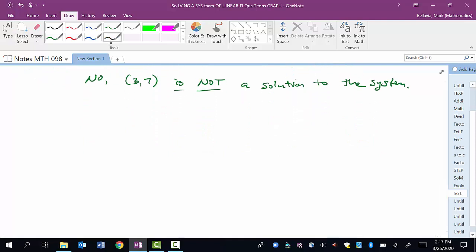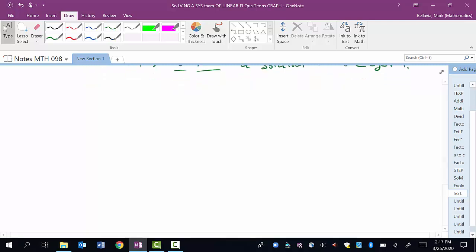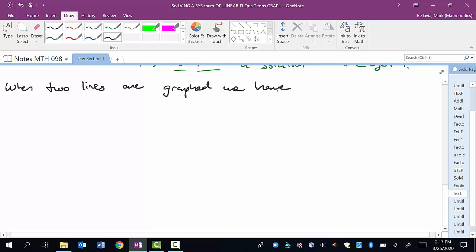Alright, so when you are looking at a system of equations, if we have two linear equations, 2 lines, you really have 3 possibilities. Alright, so when 2 lines are graphed, we have 3 possibilities.